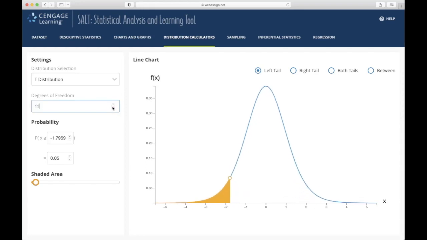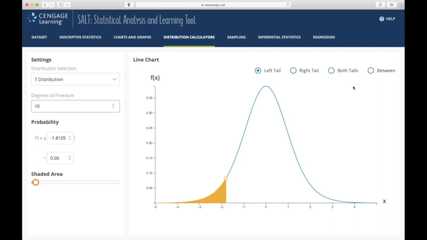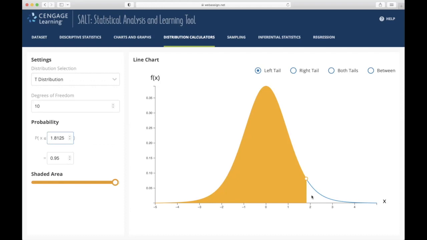All right, so say we have 10 degrees of freedom for this one, and I am looking for the critical value. If we do it in Excel, we have to use the left tail, and we need to set it so that the probability over here is 0.05, or 1 minus half of your confidence interval, whatever we need over here.